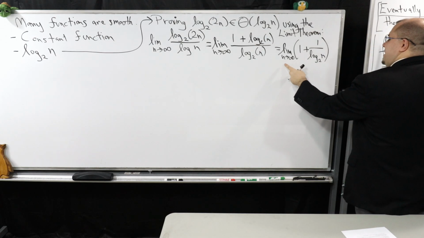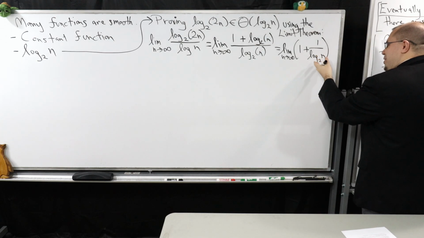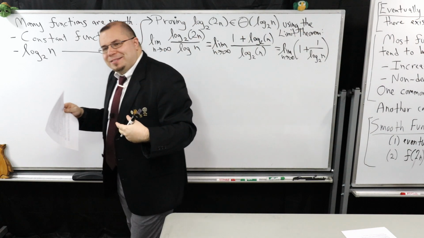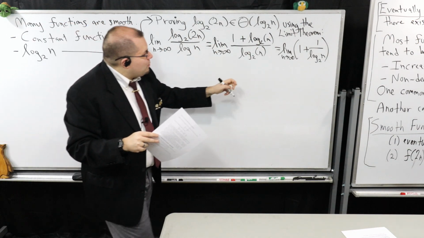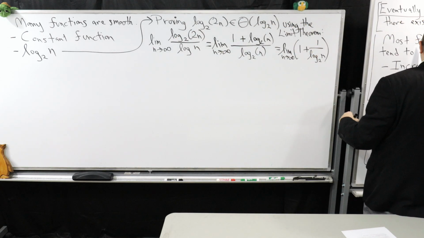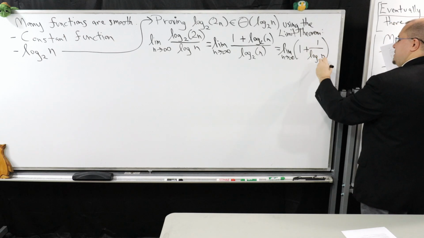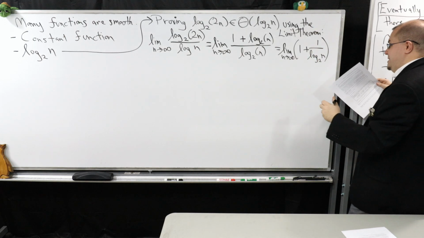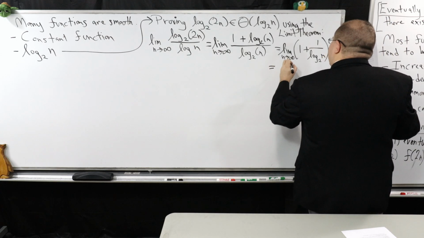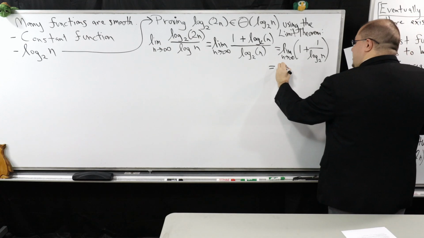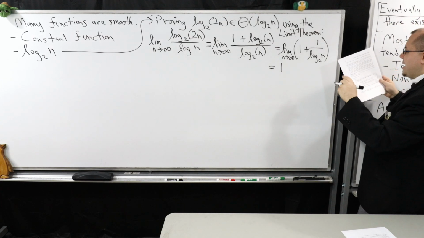Now, n approaches infinity here, and you know that log n is an increasing function, right? So what is this ratio going to approach? As n grows, it's going to tend to 0, exactly. That means when I compute this, I just have a 1 plus something that approaches 0, so I end up with a 1.